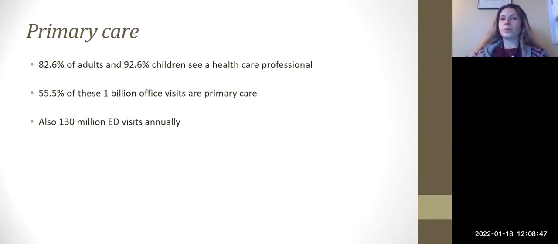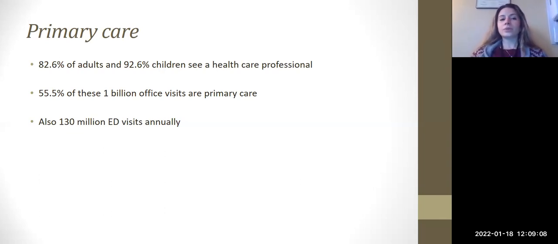So that means people embedded in a primary care setting, family practice providers, are really the ones that are going to catch the patients with these substance use conditions. About 82% of adults and 92% of children will see some form of a healthcare professional.